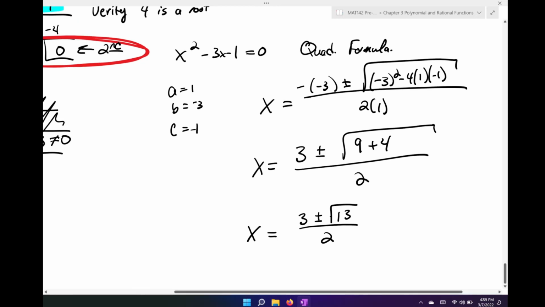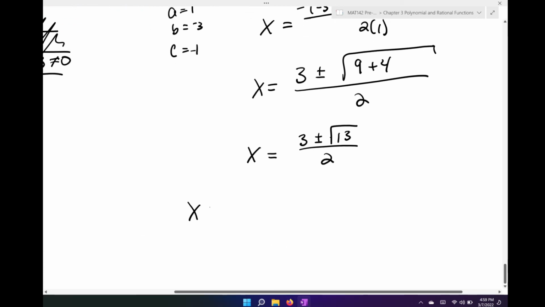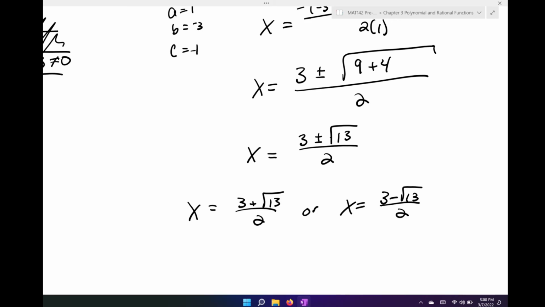And here, x equals 3 plus the square root of 13 over 2, or x equals 3 minus the square root of 13 over 2 are my final roots. And like I said, they are not pretty at all.